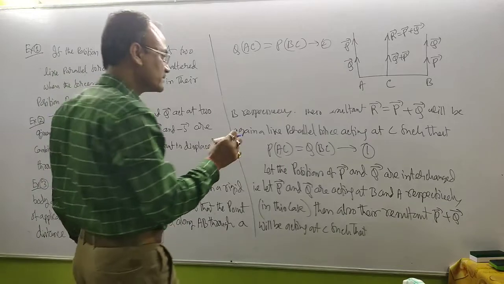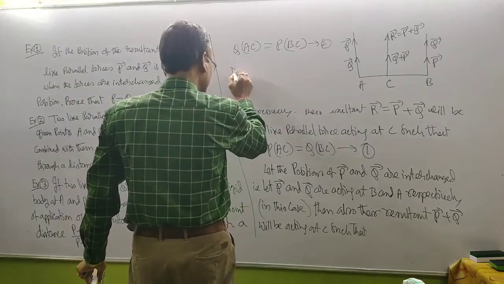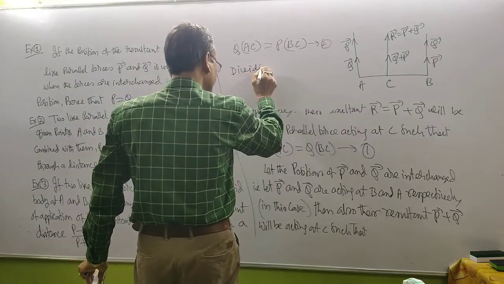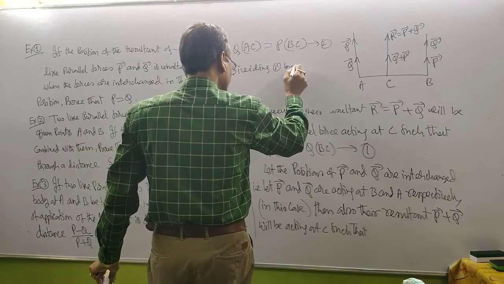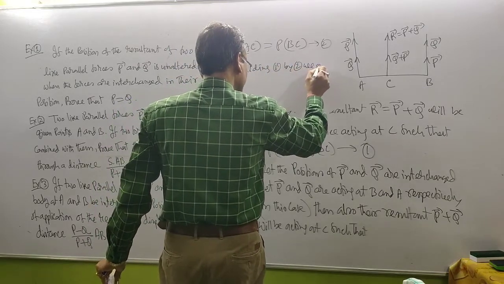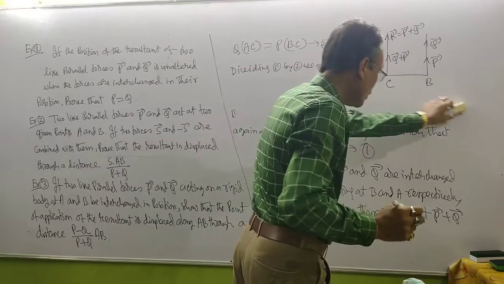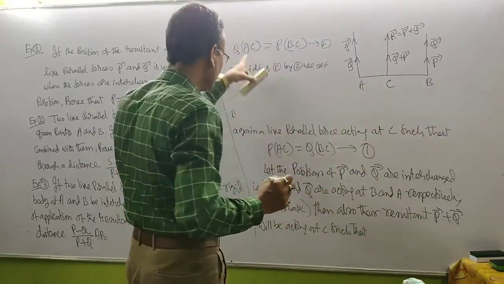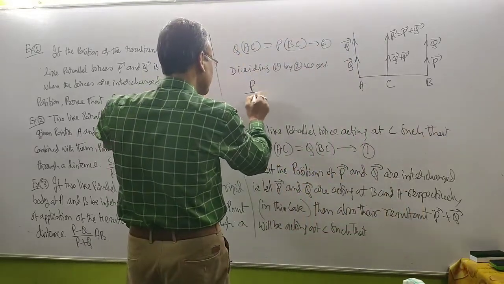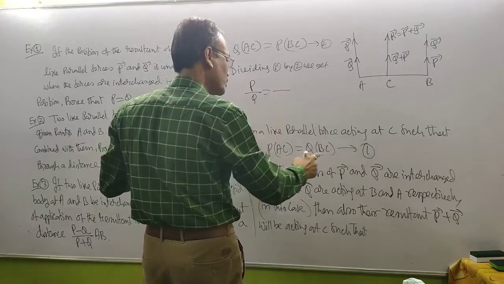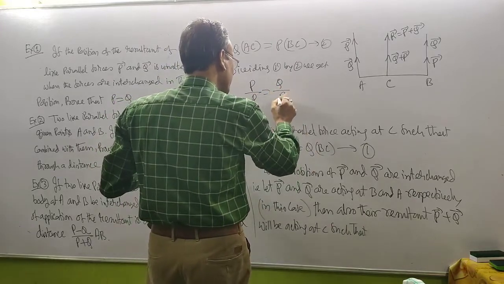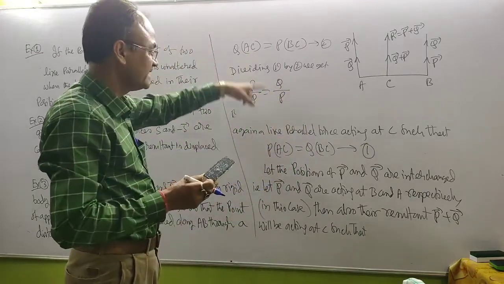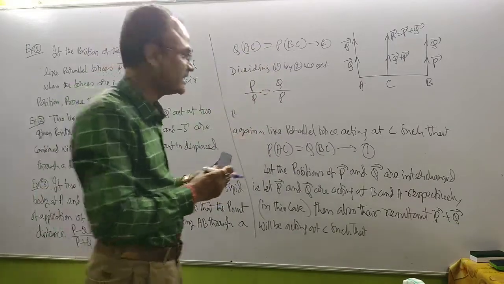Now dividing 1 by 2 we get P into AC by Q into AC, P by Q equal to Q by P. AC and BC will be cancelled.